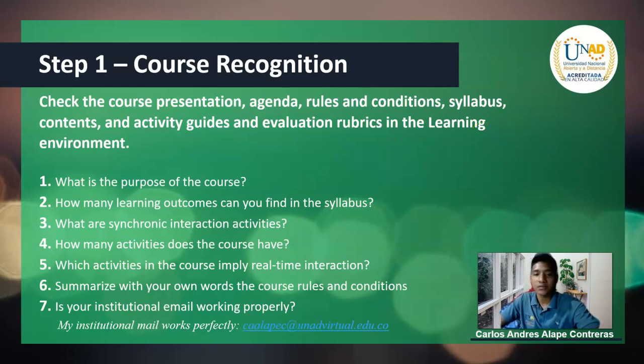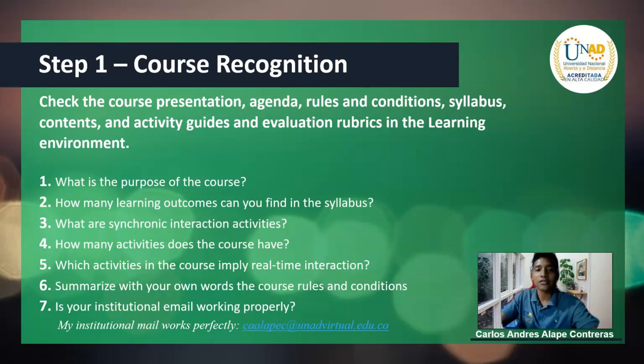Learning outcome number four: describe complex subjects with clear and detailed information, developing particular points and rounding off with an appropriate conclusion. And question number three says, where are the synchronous interaction activities?